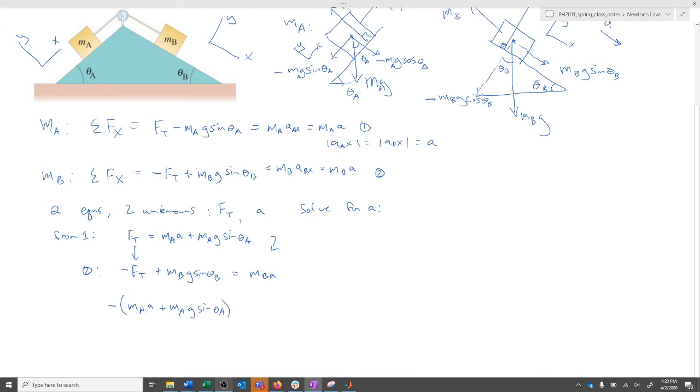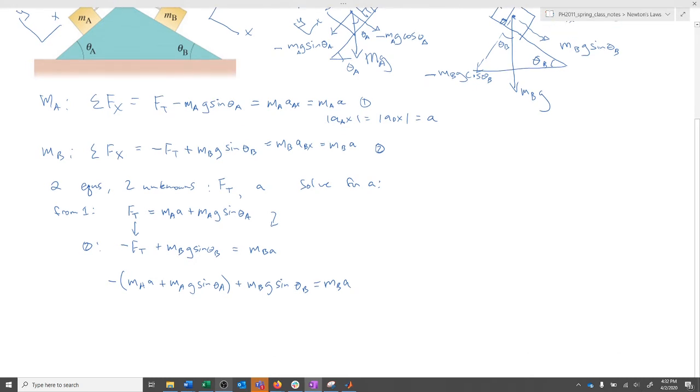Okay. And so you can see now we no longer have the tension in our expression. So we can then solve this for a. How do we do that? Let's put all the a pieces on one side.